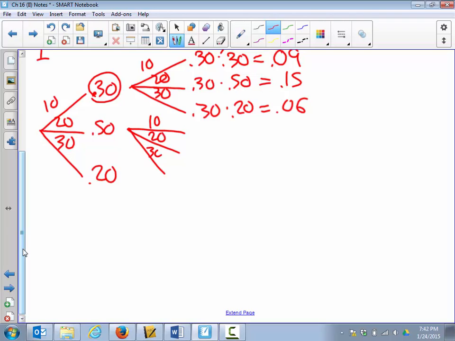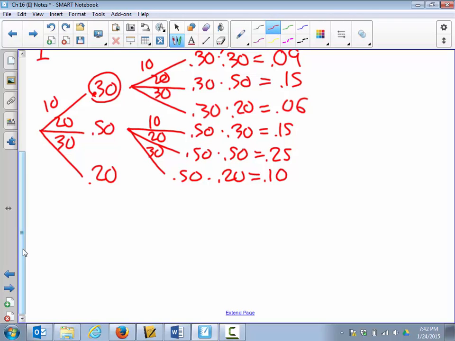Okay, and we've got 3 more limbs with 3 more leaves of 10, 20, and 30 payouts for you, where we've got 50% times the likelihood you win 10, which is 30%, which is 0.15, 50% times 50%, which is 0.25, and 50% times you winning 30, which is 20%, 0.10. That totals to 50%, which is good. That's what we're looking for.